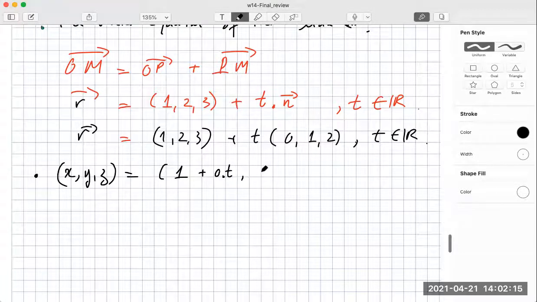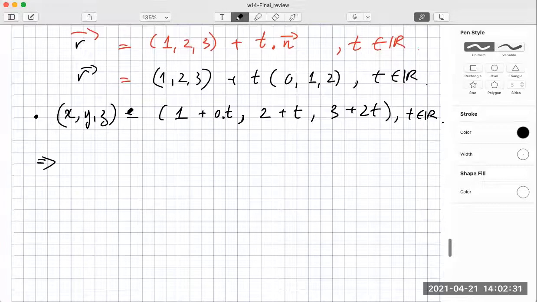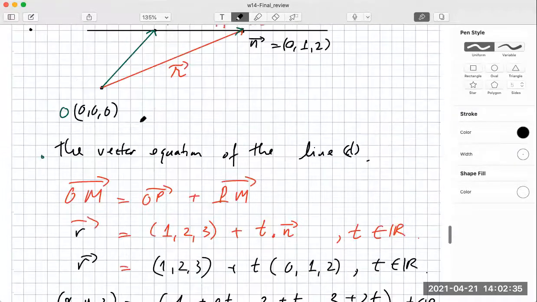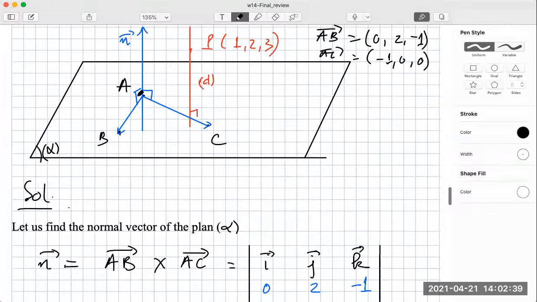Plus? And from properties of vector, right? Therefore, now, from this, that is why we have it, the equation. What is it called? Parametric equation, okay?